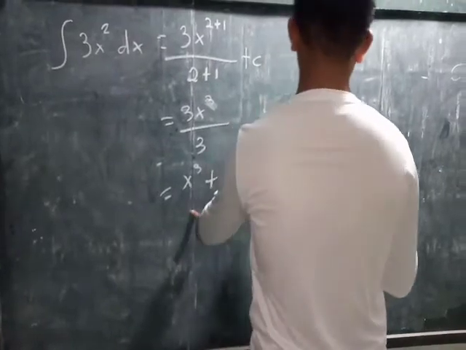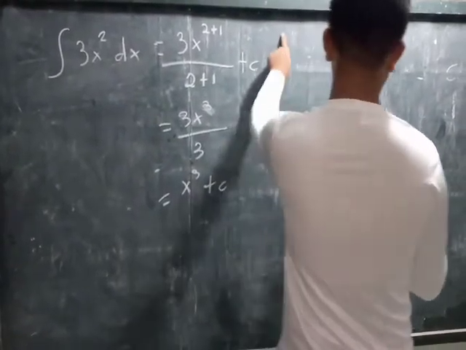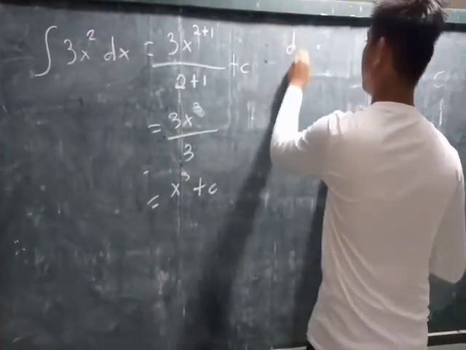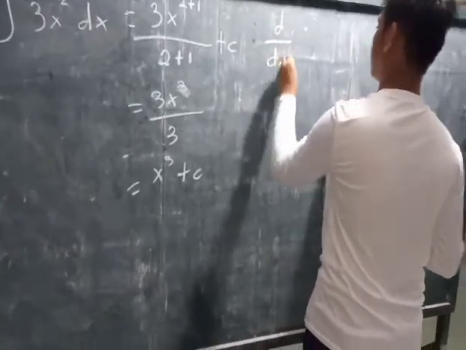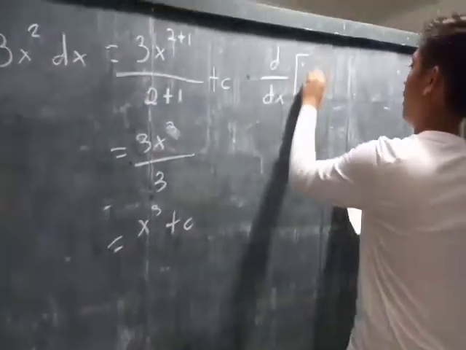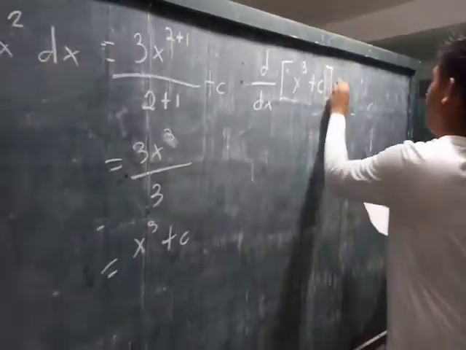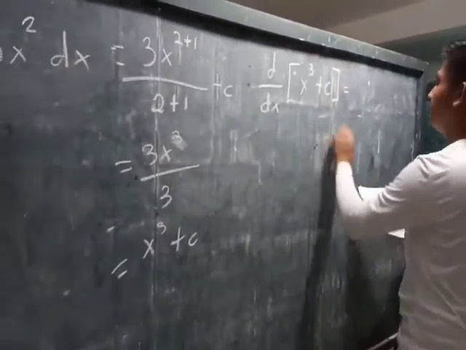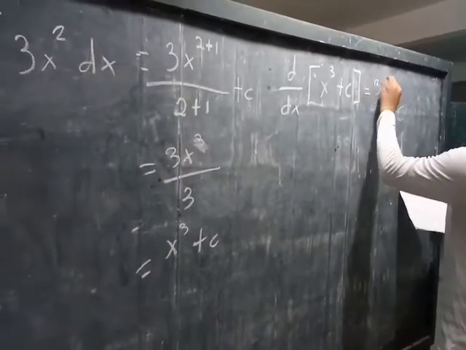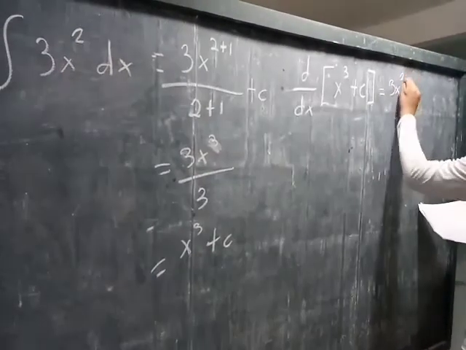If we were to take the derivative of x cubed plus c, we come up with the answer of 3x squared plus 0.